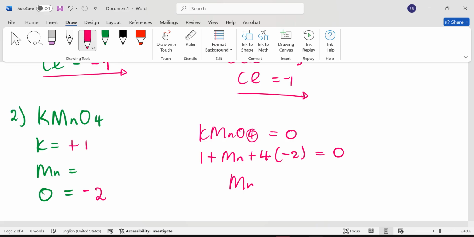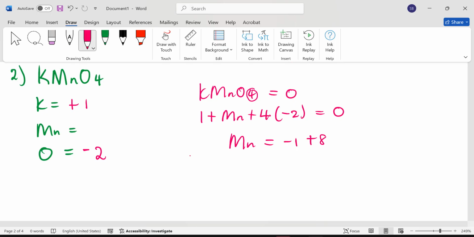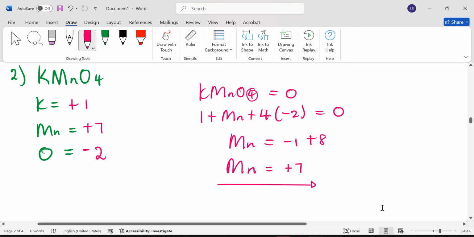That gives me manganese equals to, so that's a -1, I transpose the 1, that gives me a -8, when I transpose it gives you a +8, right? So what is a -8 plus an 8? So that gives me the oxidation number of manganese to be a +7. So that's your answer, +7.